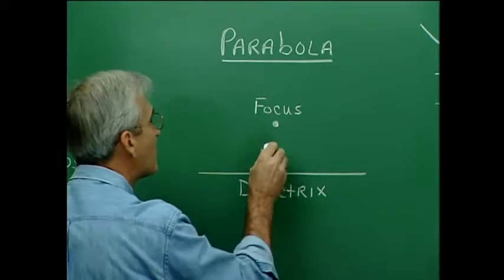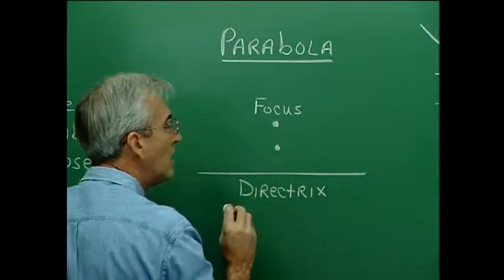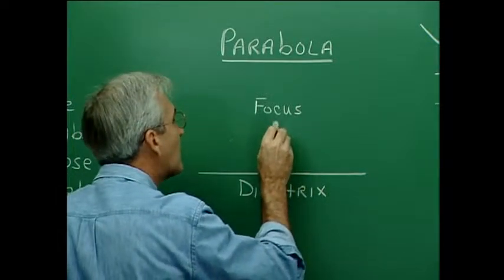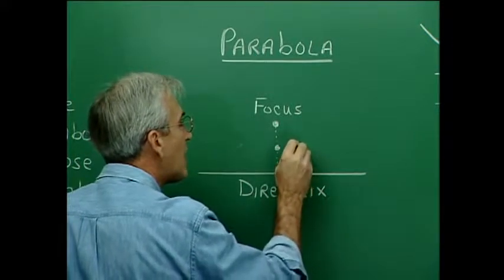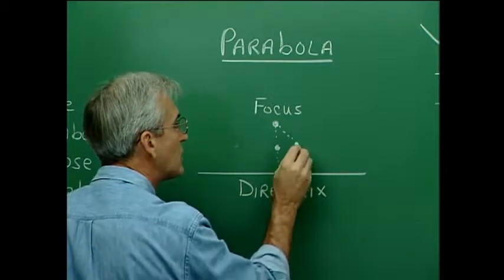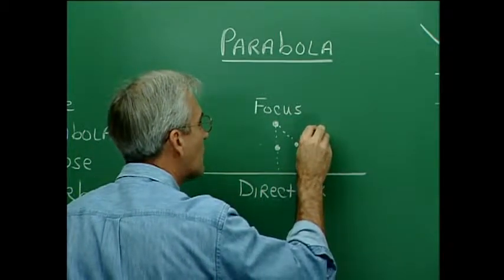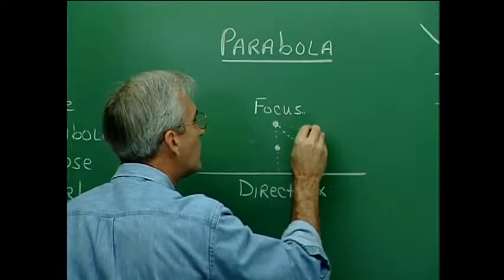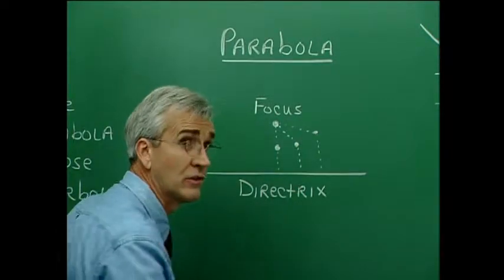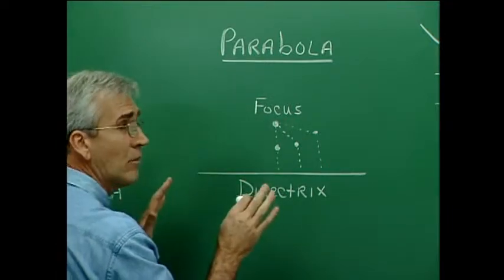That is, we have a point right here midway between these two, and we have another point like this where this distance and that distance are the same. We have another point over here such that this distance and that distance are the same. We have another point out here somewhere where this distance and that distance are the same. And all such points compose our parabolic curve.